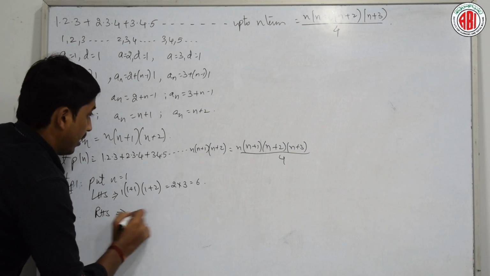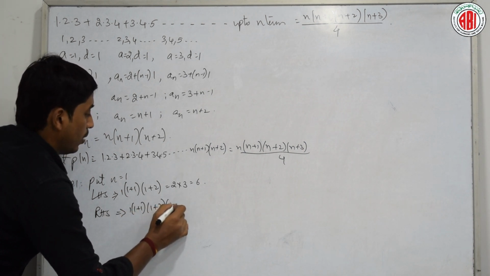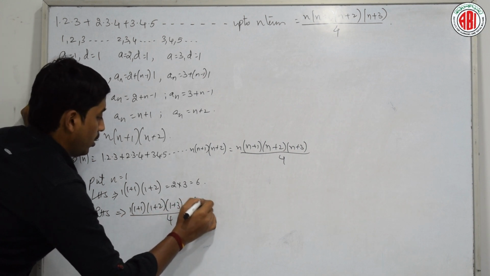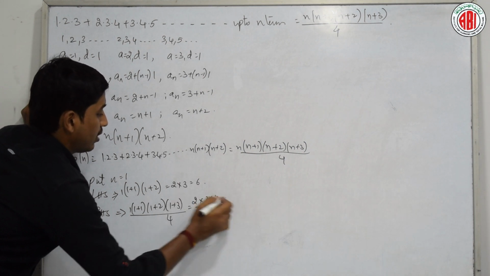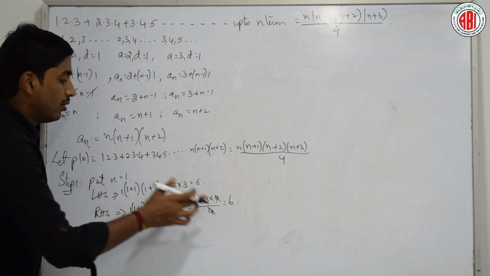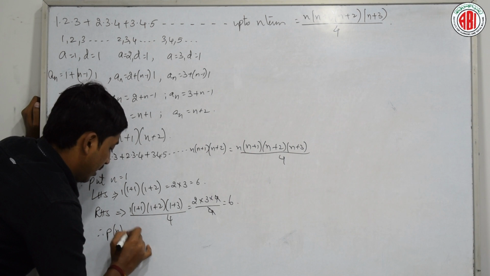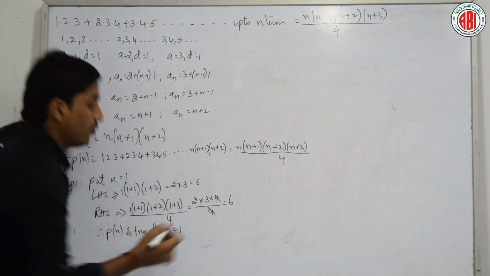Now let us do the same thing on the right hand side. For the right hand side, 1 into 1 plus 1, 1 plus 2, 1 plus 3 divided by 4, that is equal to 2 into 3 into 4 divided by 4. The 4 will get cancelled. 2 3s are 6. Yes. Now LHS is equal to RHS. Therefore, P of n is true for n is equal to 1.